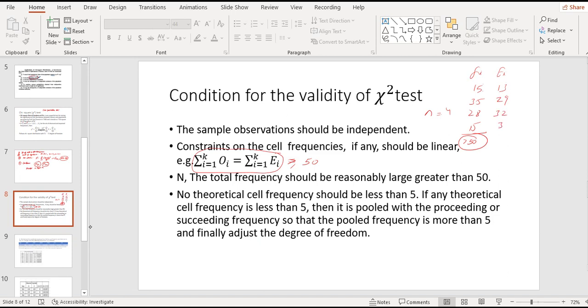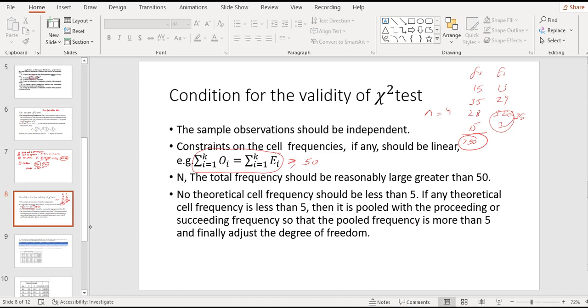So if any cell frequency is less than 5, then we are going to apply the concept of pooling. That means we are going to pool it either with the preceding or the succeeding frequency, so that the pooled frequency is more than 5. Means either we merge this frequency with the previous one so that the pooled frequency should be greater than 5.